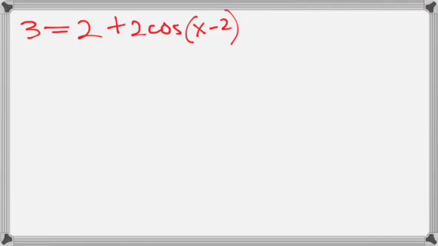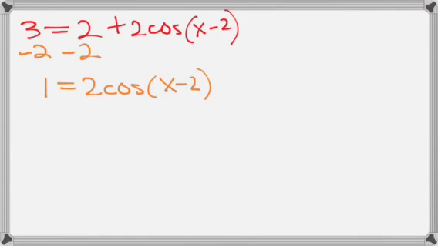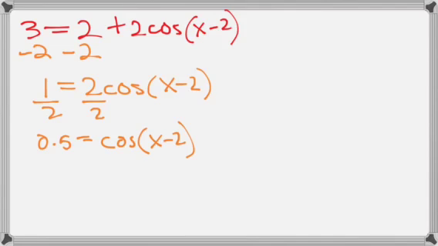So we go through this, we solve it the way we normally would. Minus 2, minus 2. 1 is 2 cosine x minus 2. I'm going to divide by 2. And so I get 0.5 equals cosine x minus 2. And now, since I'm interested in all the solutions, I'm going to use arc cosine.